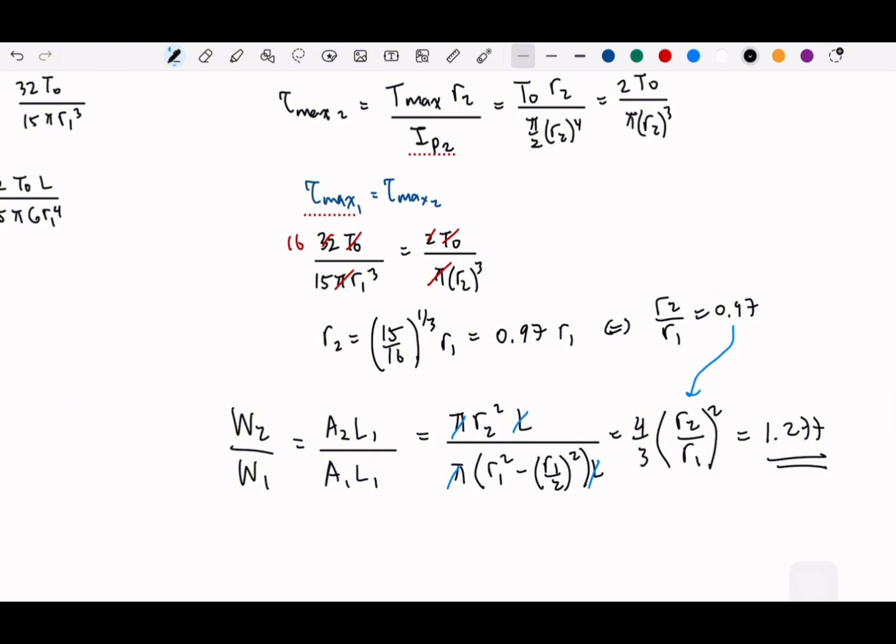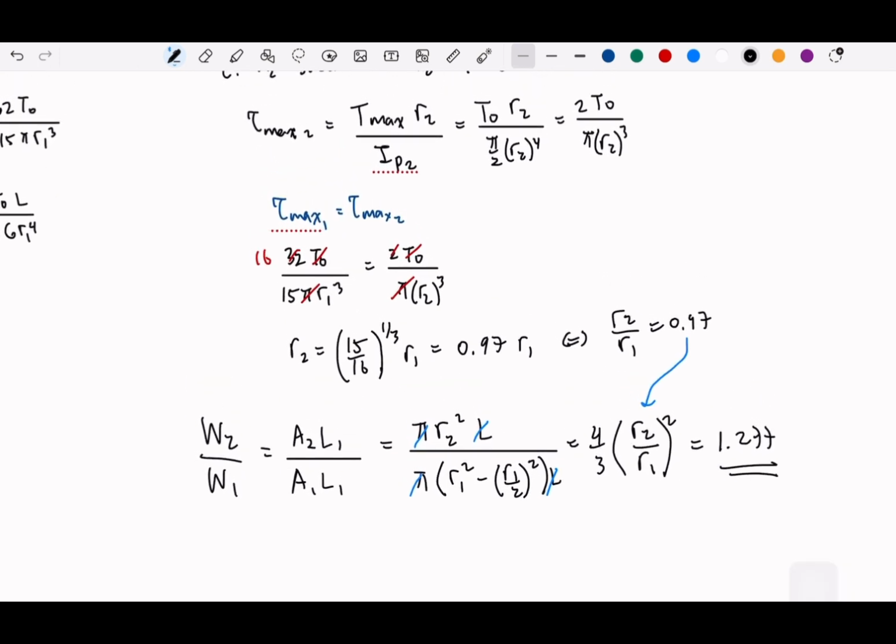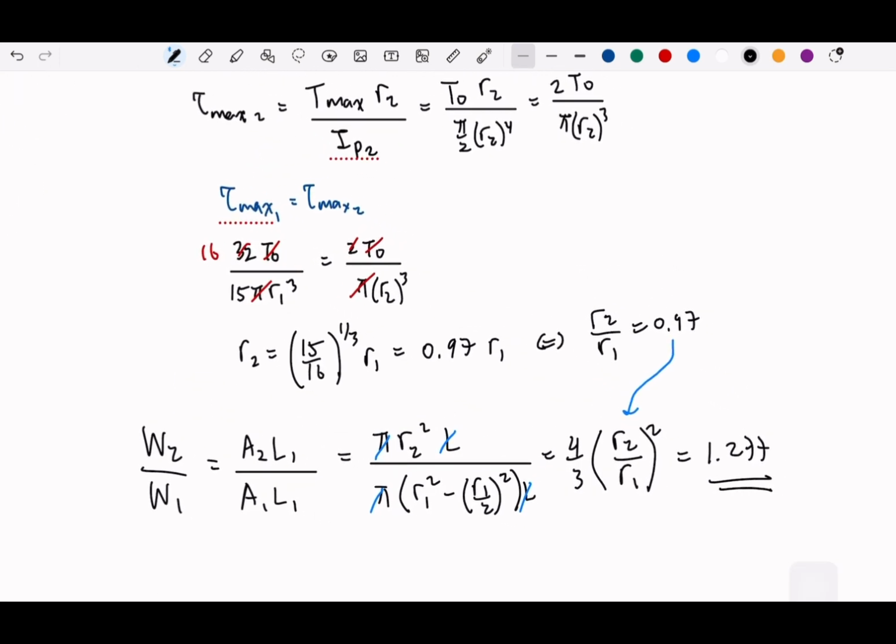So the tubular shaft has quite an advantage over the solid shaft, because the solid shaft has 28% more weight than the tube. Using the weight ratio, we can see the advantage of the hollow structure.